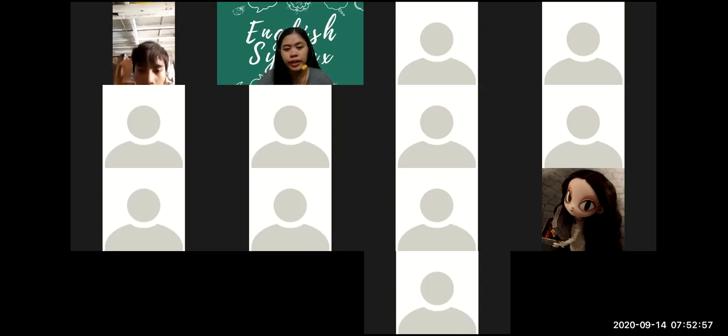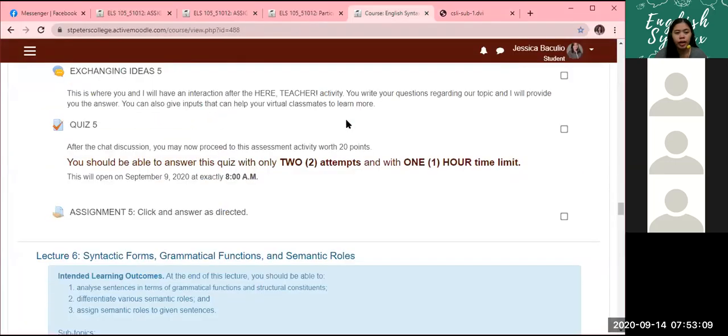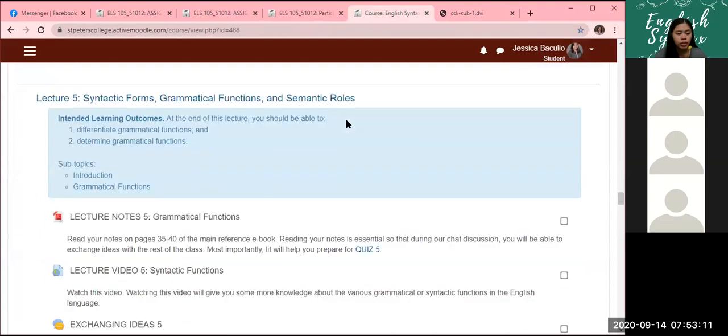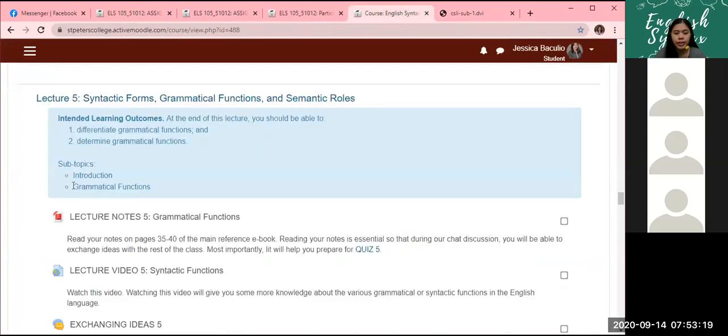So let's start. For lecture 5 of our Moodle Classroom, we are going to talk about the first part of chapter 3 of the book that we are using. We're going to talk about the introduction and grammatical functions.